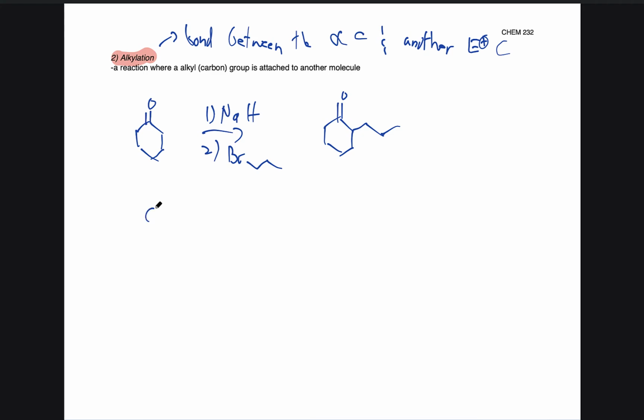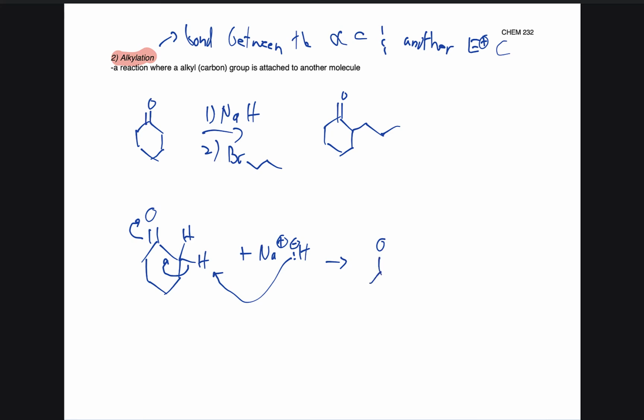So what does that mechanism look like? Not all that dissimilar from the halogenation reactions. We have our strong base here taking away one of these hydrogens to get to our stable enolate. Again, you could draw this in the other resonance form, and that would be fine by me.